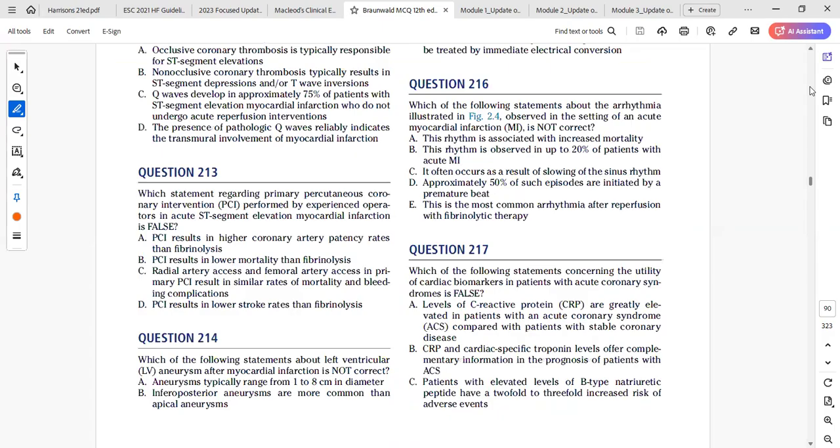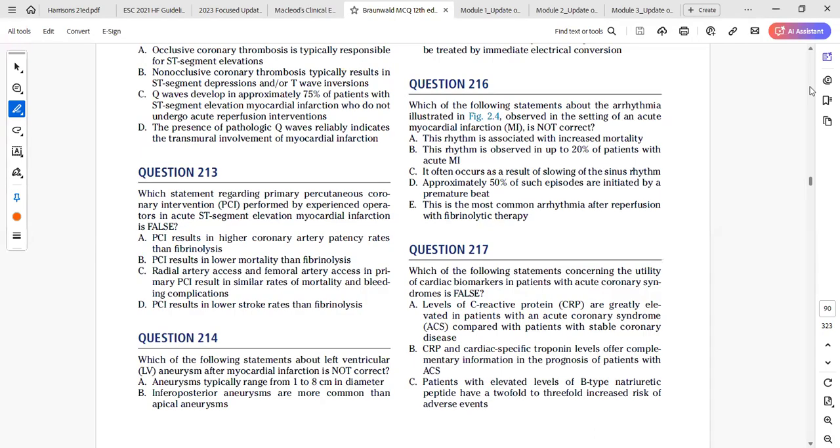Question 217, which of the following statements concerning the utility of cardiac biomarkers in patients with acute coronary syndrome is false? Option A: Levels of C-reactive protein are greatly elevated in patients with acute coronary syndrome compared to patients with stable disease.